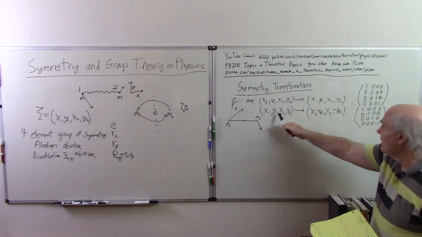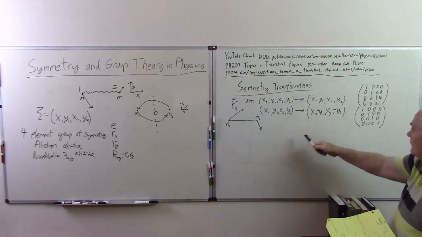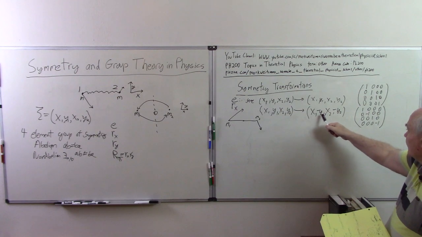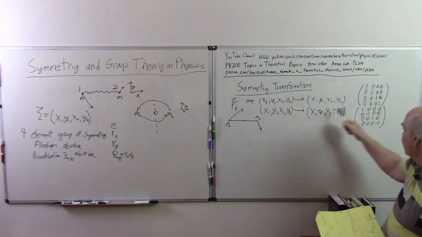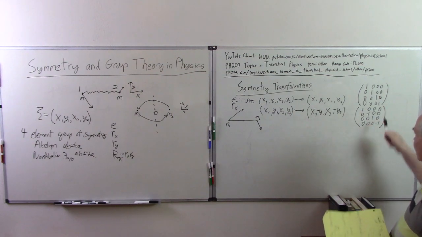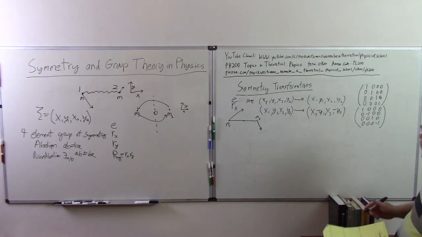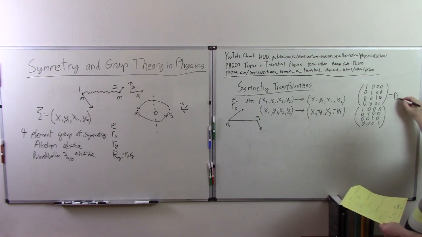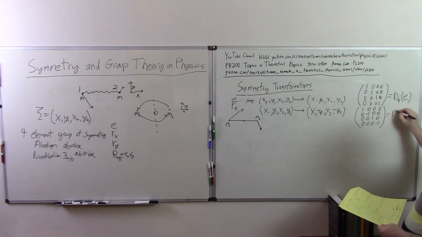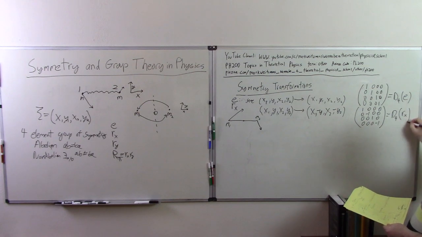If this is 1 and all the others are 0, it goes to minus 1, and all the others are 0. x2 again, 1, and y2 minus 1. So this is the 4-dimensional representation d4 of Rx.